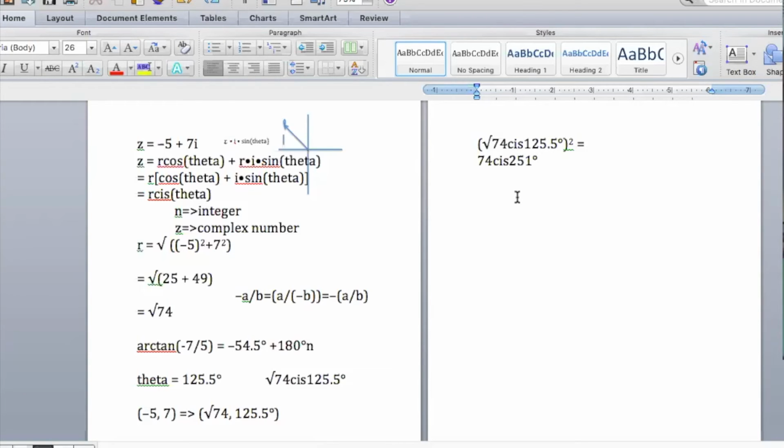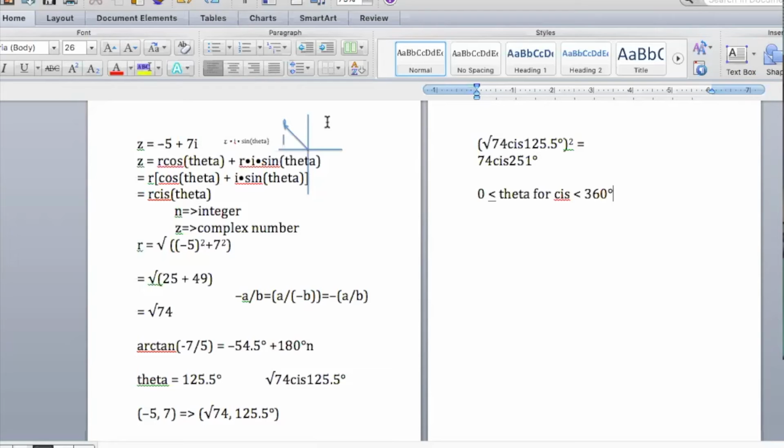But wait, there's more. Take a look at this and ask yourself, if that's what I wanted to do, how would I find the square root of this? Or the cube root of this? Now we're talking about something that is virtually impossible in rectangular form, but not all that hard in polar form.